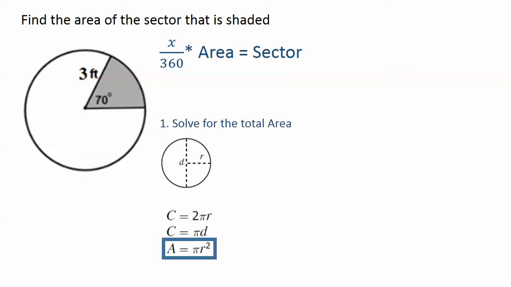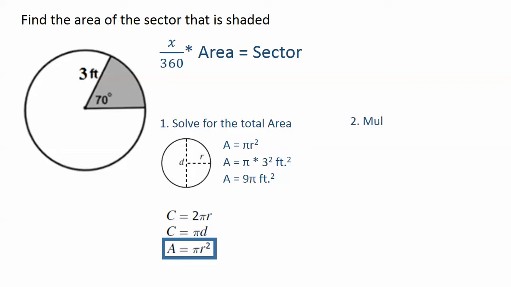To solve for area, I'm going to need a radius. My area is pi times r squared. Because I see my radius is 3, my area will be pi times 3 squared feet squared. Simplifying, my area is 9 pi feet squared. And remember, I'm going to leave the pi to simplify later.